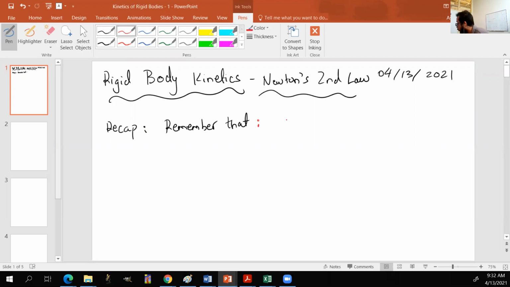What do forces do when we're looking at dynamics? They cause motion, right? So they cause translational motion. And how do we express that in an equation?